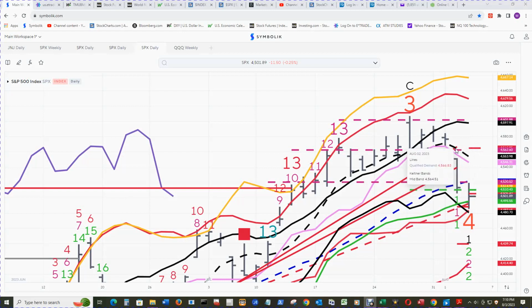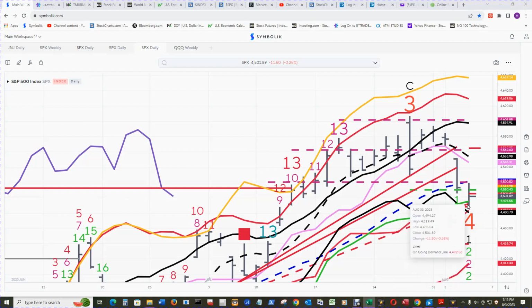The demand lines were qualified and confirmed on today's bar, and that gave qualified demand projections at 4488.32 and 4439.74. And this one here at 4488.32 was already hit on the bar for the 3rd, so this is the one we're looking at here, 4439.74.